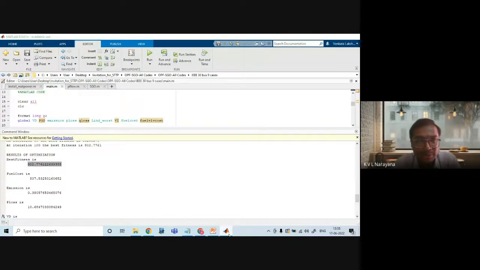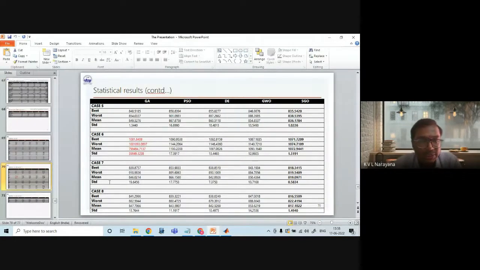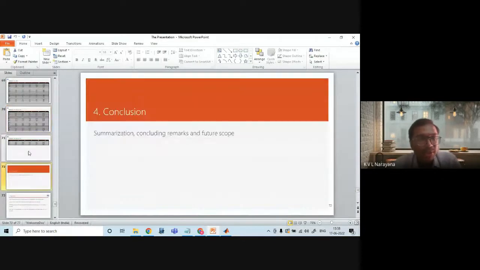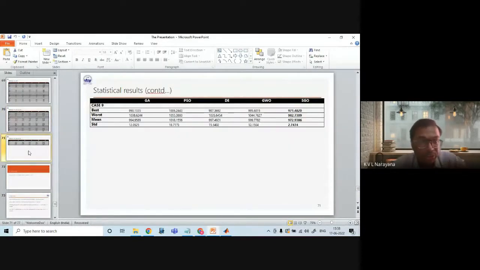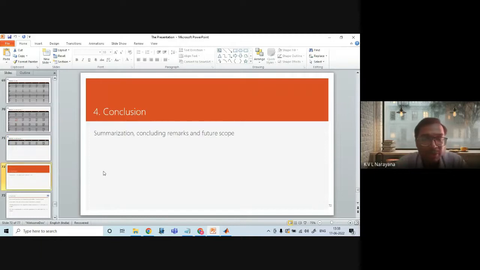That is the meaning of standard deviation. So in this way, we can implement the social group optimization to tackle the IEEE 30 bus problem to achieve the minimum fuel cost objective. Okay. So with this, the implementation part is completed.